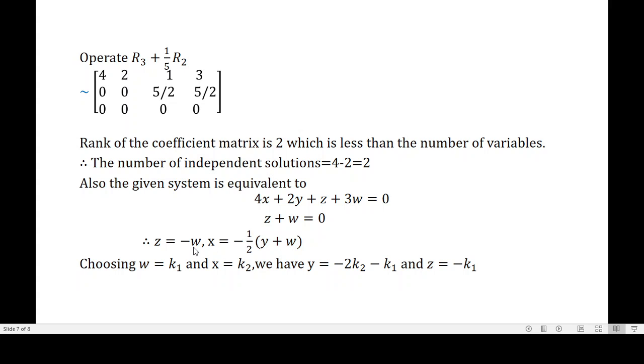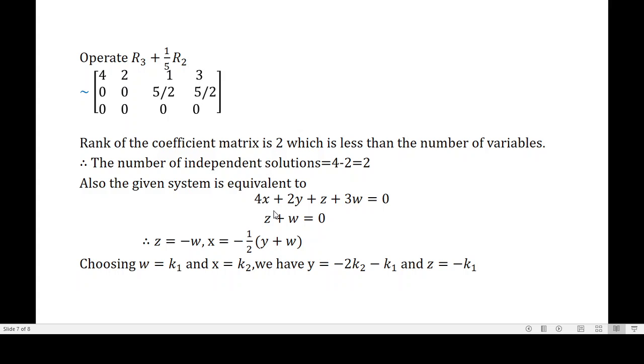Okay. So we have two equations in 4 variables. Therefore, we get z equal to minus w and x is equal to minus half into y plus w. Now, let us choose w is equal to k1. If w is equal to k1, then z is equal to minus k1. Correct? Okay. Now, let us find y. Look at this equation.